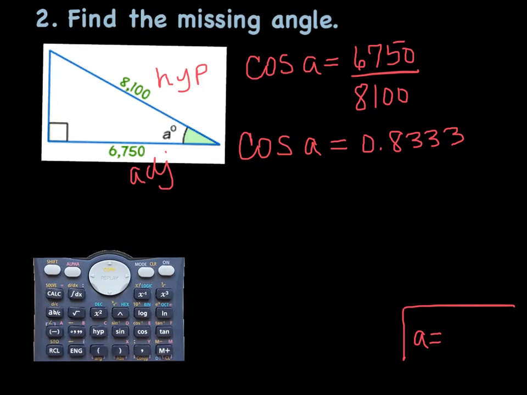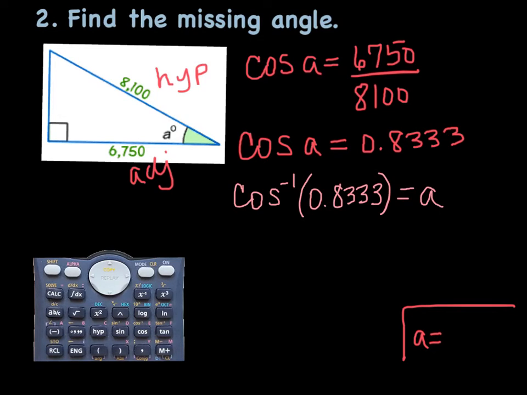I'll go ahead and write it out four places. Okay, next step, we use our calculator and we're going to be finding inverse cosine of 0.8333, and that's going to give me angle A. So if you look here, here's inverse cosine.